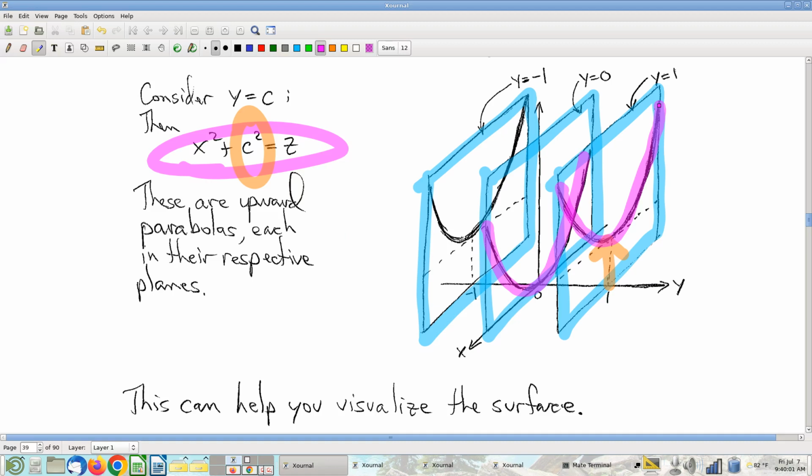Everybody with me? And then likewise, what if I look over here where y is equal to -1? Well, if y is -1, then c is -1, which makes this again +1, shifting upward again by +1 because that c is squared, right? And so again, I get this sort of shifted upward parabola.